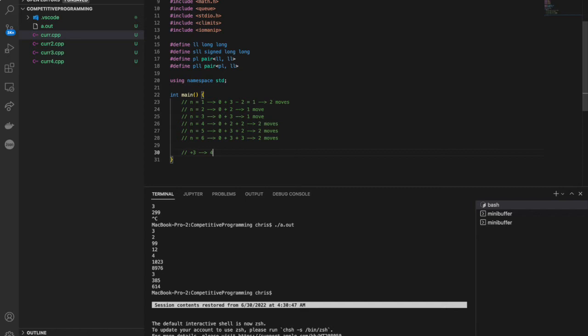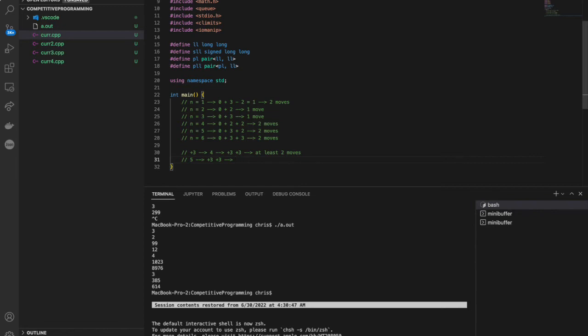For 4, the only way we get there is through at least 2 moves, because we can only cover plus 3 and then would need another plus 3 or something to cover the remaining distance. So the minimum has to be at least 2 moves, and that's the same for 5. We would need at least a plus 3 and a plus 3 to get there, which gives us plus 6, greater than 5.